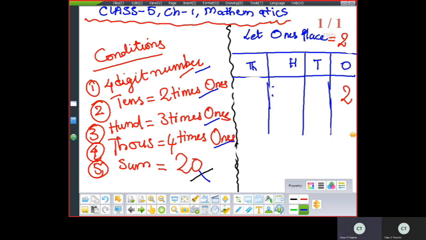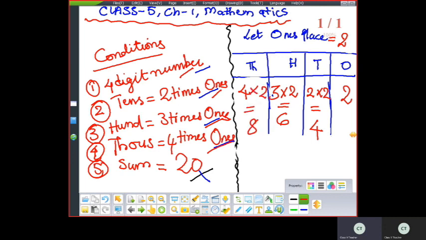Second condition: tens place digit is 2 times ones place, so 2 into 2 gives 4. Third condition: hundreds place digit is 3 times the ones digit, so 3 into 2 is 6. Fourth condition: thousands place is 4 times the ones digit, so 4 twos are 8.